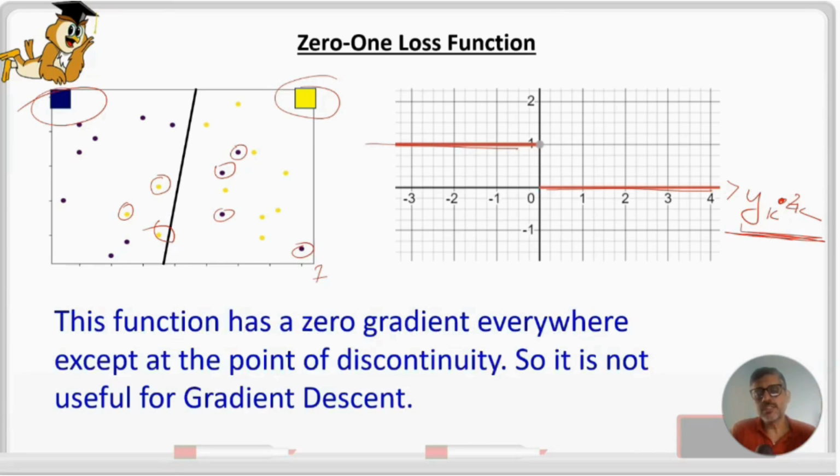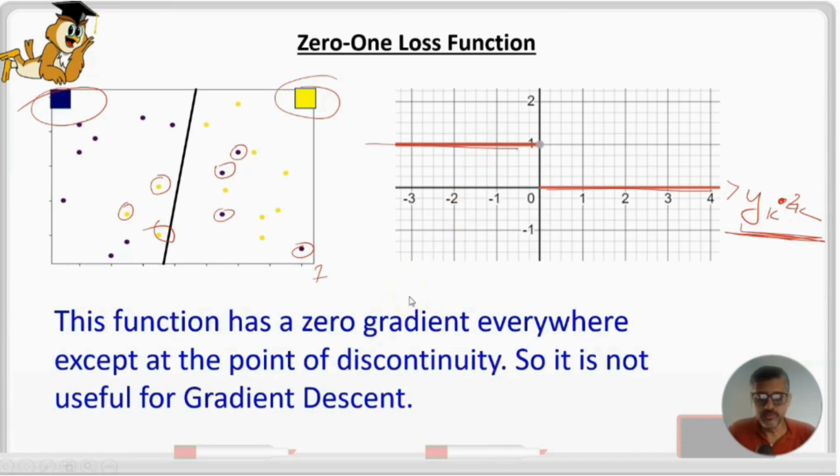If your error function has a 0 gradient everywhere except at one point, it cannot be a good choice, because gradient descent is not going to work. Therefore the 0-1 loss function is not a good error function to choose.